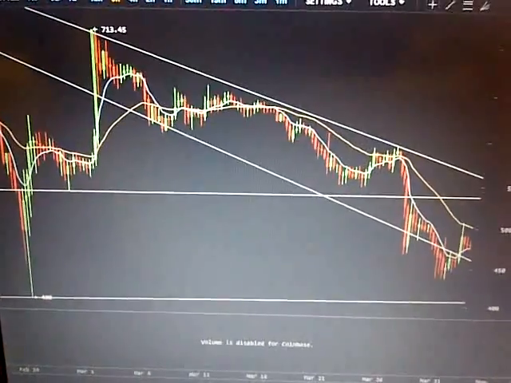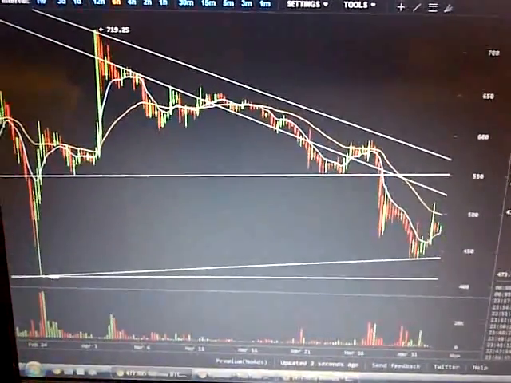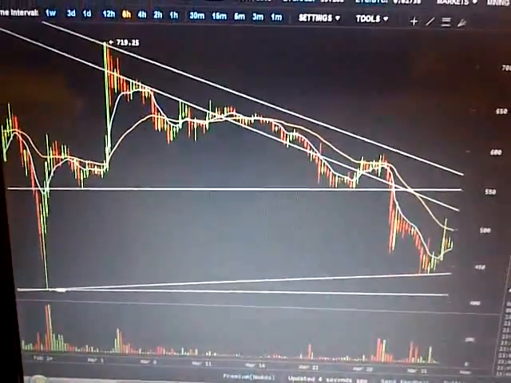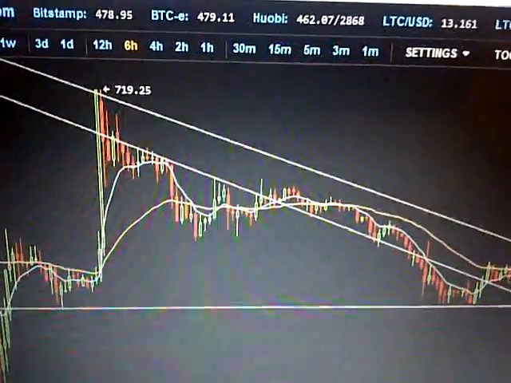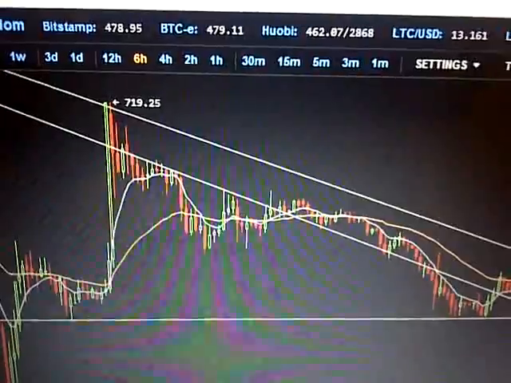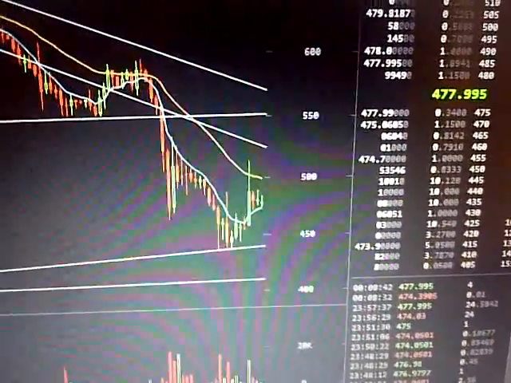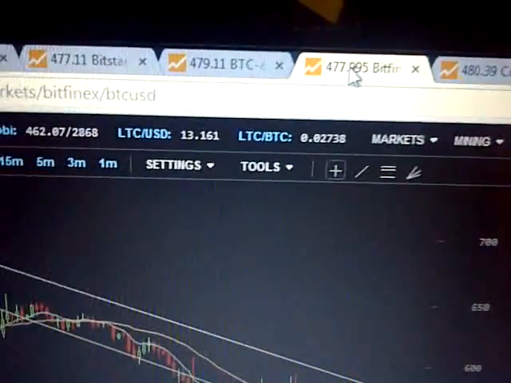Let me go back to Bitfin here real quick. What I'm noticing here is, if you look at the price range, Bitstamp, Bitsy, and also compared to Coinbase, here's all three of them.